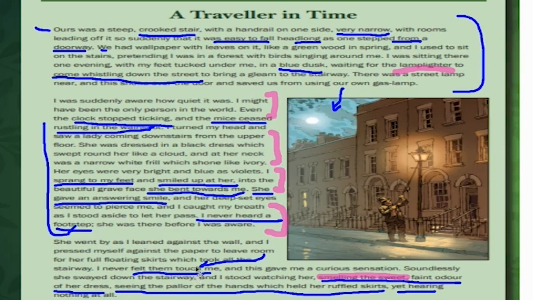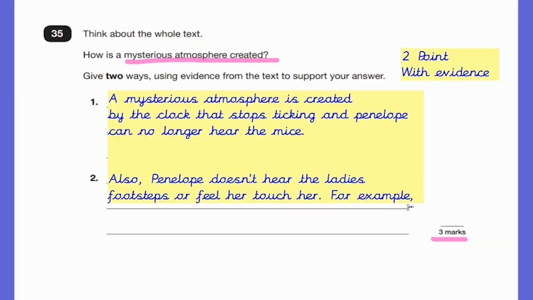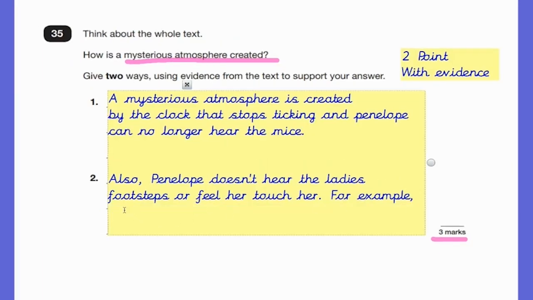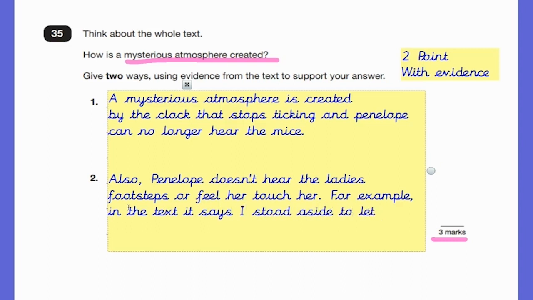And it also says here, "I stood aside to let her pass. I never heard footsteps." For example, my evidence would be in the text, it says, "I stood aside to let her pass," and "I never heard her footsteps."